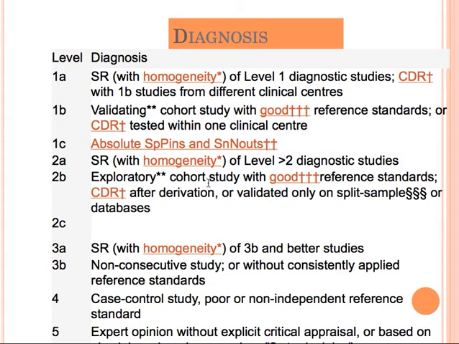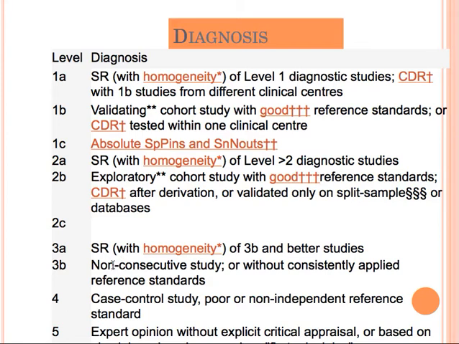So the study design in this column for diagnosis doesn't distinguish between a 1 and a 2. Something called the type of cohort study does. We have one as a validating cohort study, and the other is an exploratory cohort study. So it's this idea of validating versus exploratory which separates a 1 from a 2 in this diagnosis column.